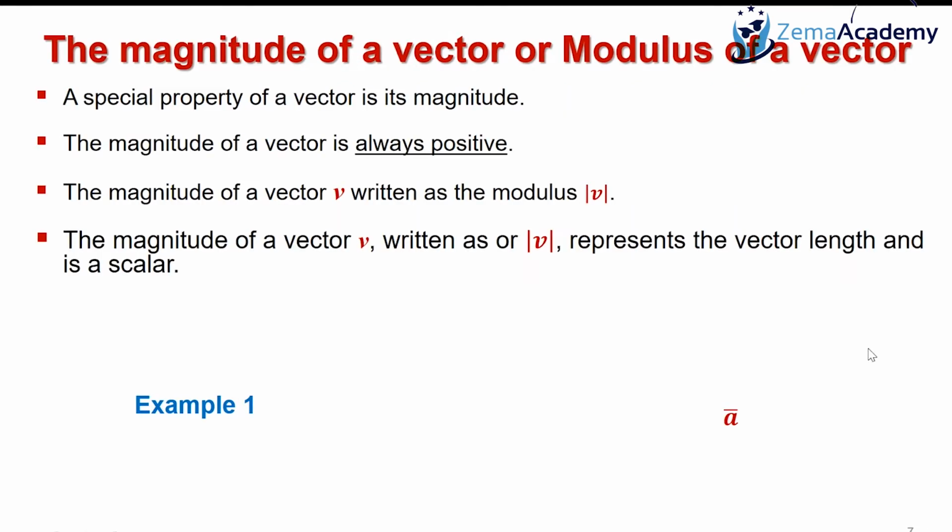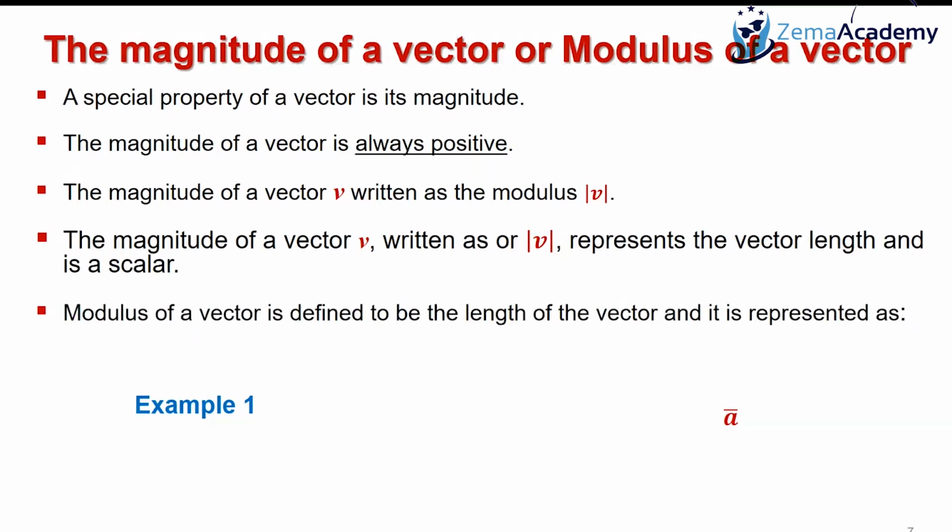Let's talk a little bit about the magnitude of a vector, also called the modulus of a vector. This modulus or magnitude of a vector is a special property of a vector, and it helps us to determine the magnitude of the forces that are acting on a body, for example, the one that I have just shown in the previous slide.